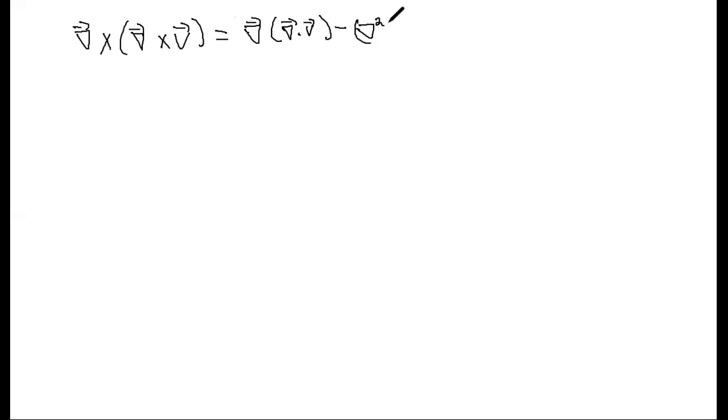It's like the dot product of del with del acting on V. And that's true for any smooth, differentiable, nice vector field.